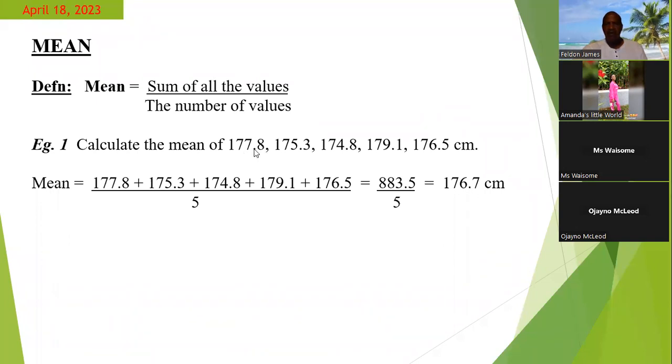If you look at the lowest value of all the values, the lowest one I think we have here is 174.8. That's the lowest value.